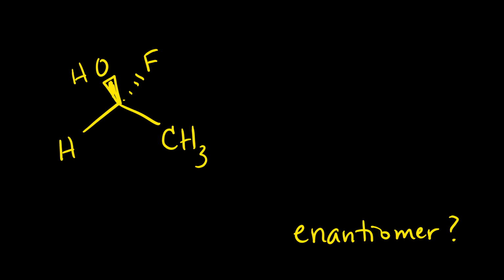So if we have a chiral molecule like the one here with 4 different groups about it, and we want to draw its non-superimposable mirror image that we call its enantiomer, we're going to pretend like we have a mirror that's drawn in purple here, and we're going to draw the molecule's reflection.